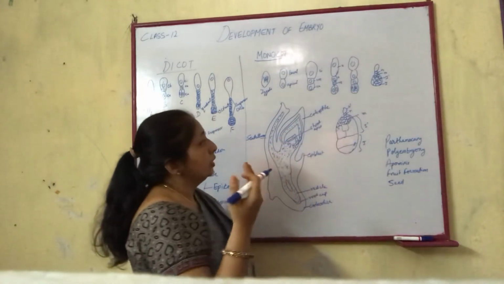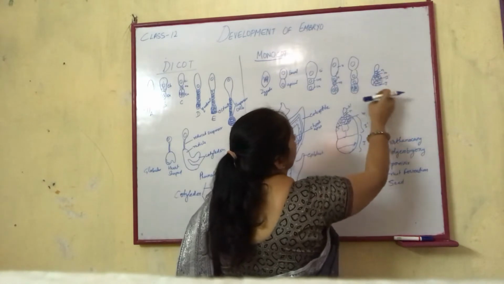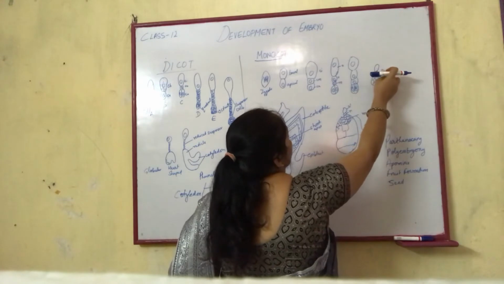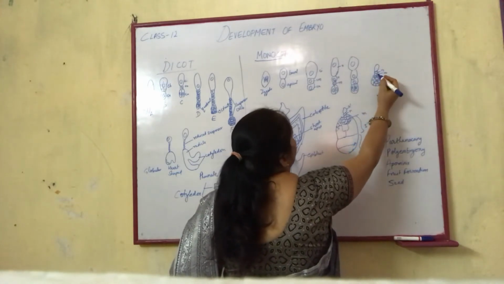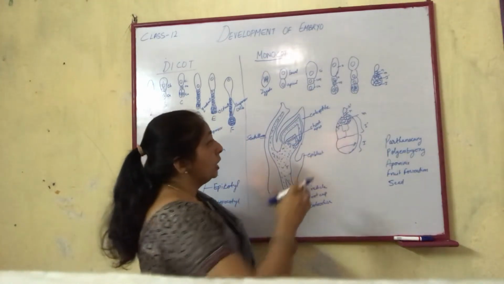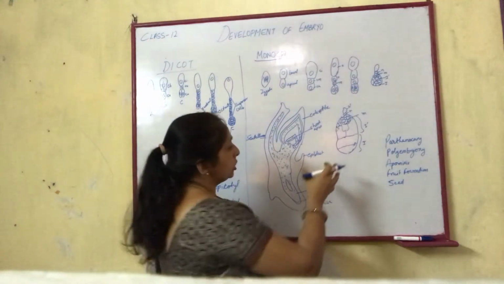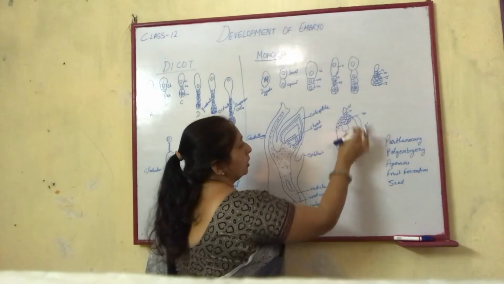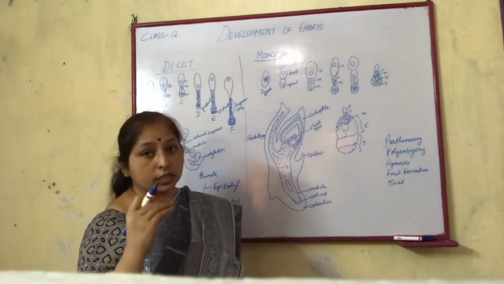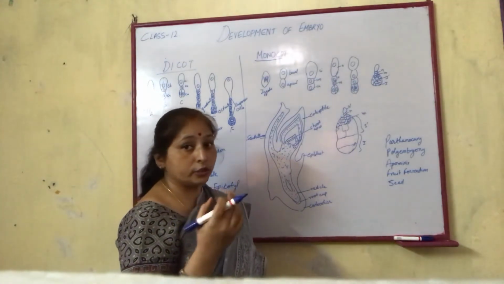After many divisions, the lower apical cell forms this globular structure, and these two are the suspensor cells. The cell in close contact with this globular portion is labeled M. After further transverse divisions, the structure appears like this, where N and N dash are the pre-embryonic structures, which degenerate after the formation of cotyledon.